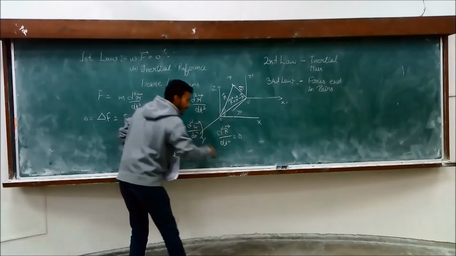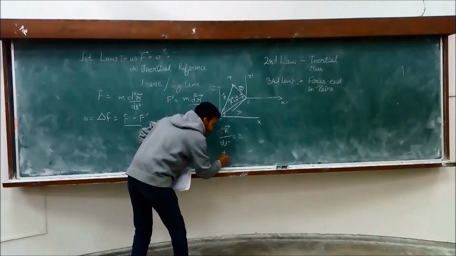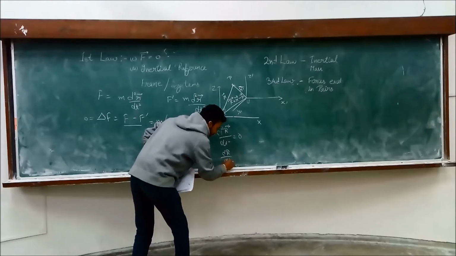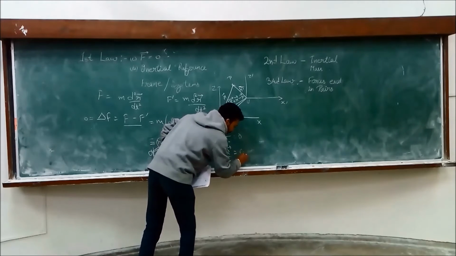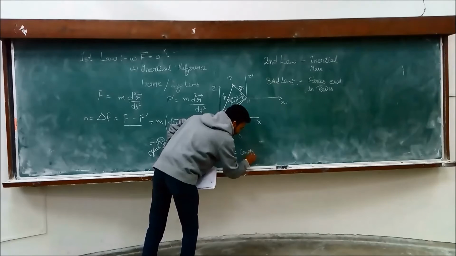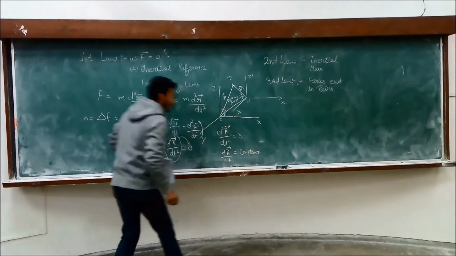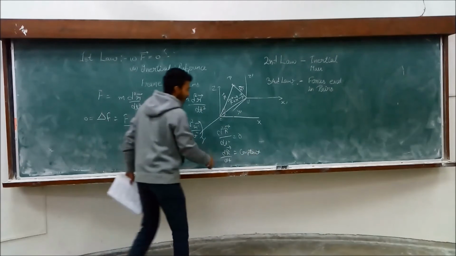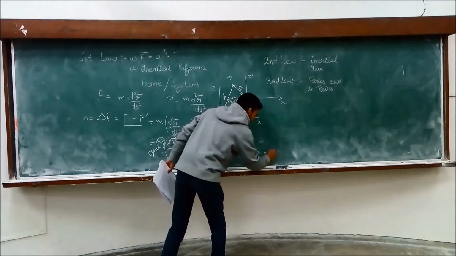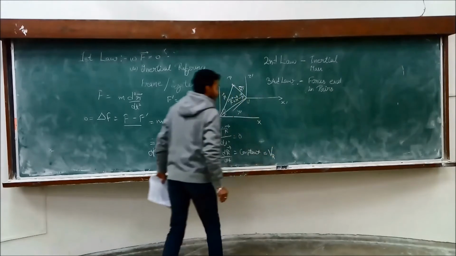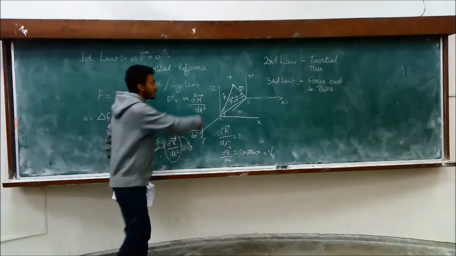If it is 0, integrating it with respect to time, we get a constant, which we can say is the relative velocity of these frames.